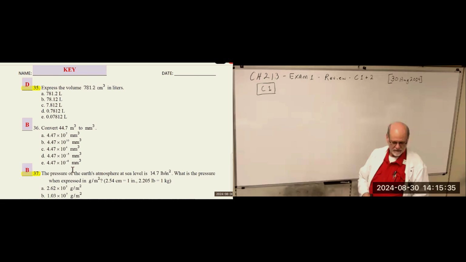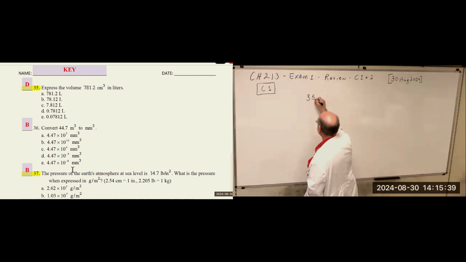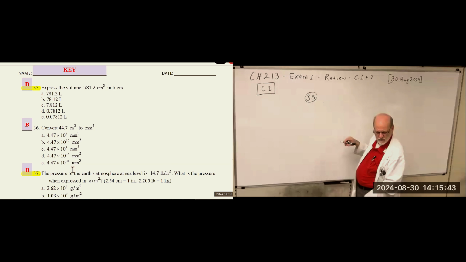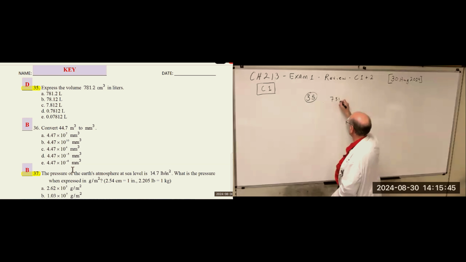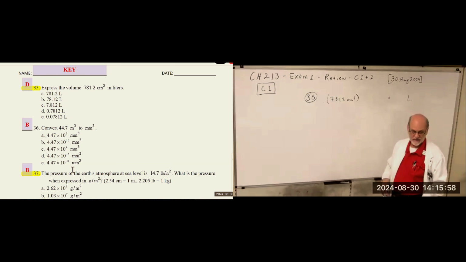Okay. 35. Express this volume, 781.2 cubic centimeters in liters. Right? What do we know about cubic centimeters?